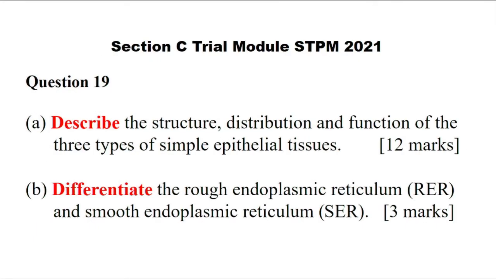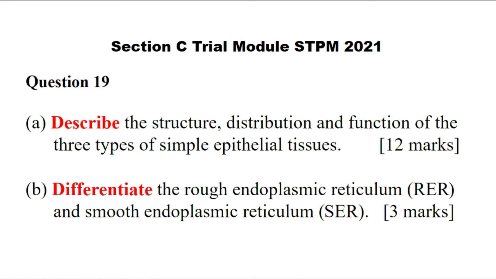Okay, dear students, we are finished with the organelles. Next, our final agenda is to discuss Section C Trial Module STPM 2021 for Kelantan State. Today, I will focus on question 19.